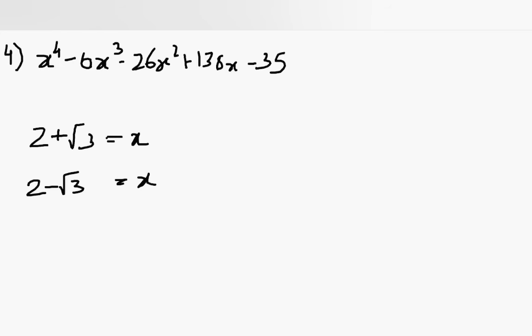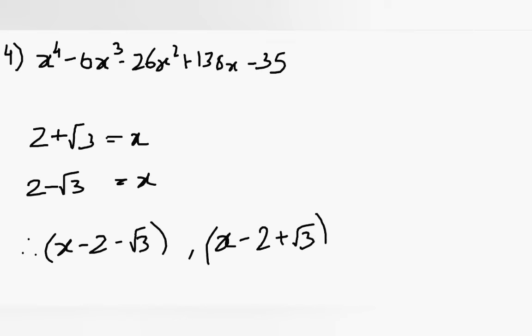So what we get here is x minus 2 minus root 3, and x minus 2 plus root 3. This is forming the identity a minus b, a plus b.